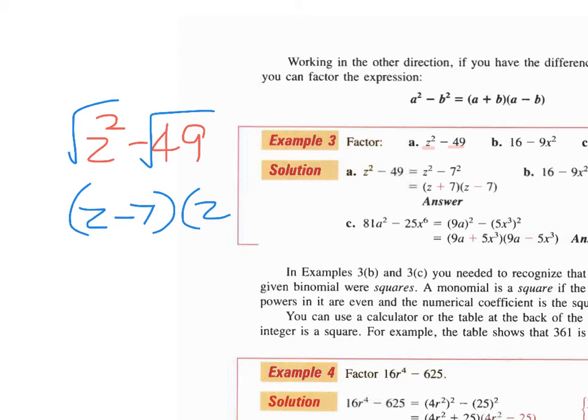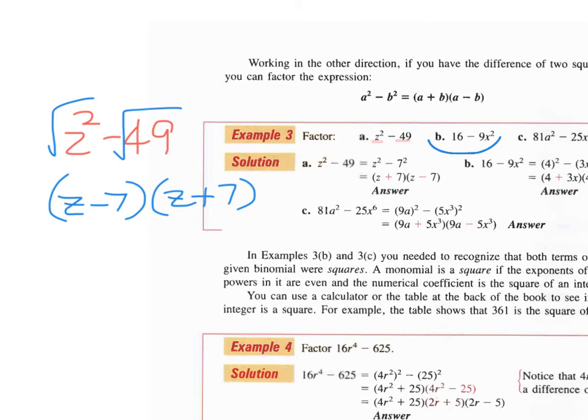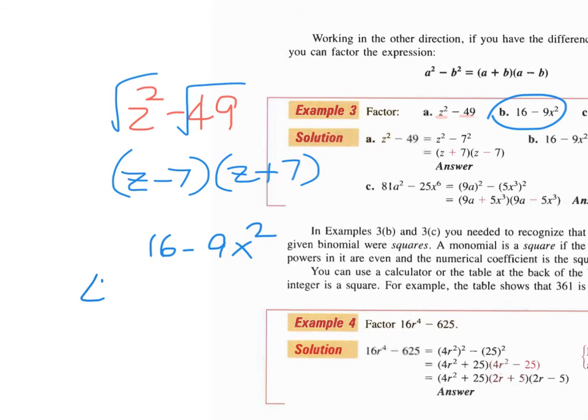And you'll put one with a plus sign and one with a minus sign. For part B, if you did 16 minus 9x squared, 4 times 4 gives me 16. And 3 times 3 gives me 9. So I make one with a plus sign and one with a minus sign.